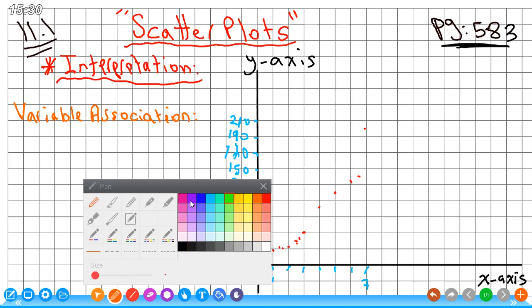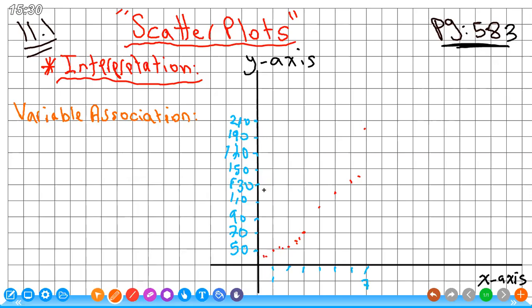For variable association, we mainly mean, is the relationship here positive or negative? Positive if, as the x increases, what happens to the y? Does it increase or decrease? As you go from left to right, from x 1 to 2 to 3 till 7 hours, what happens to the y?